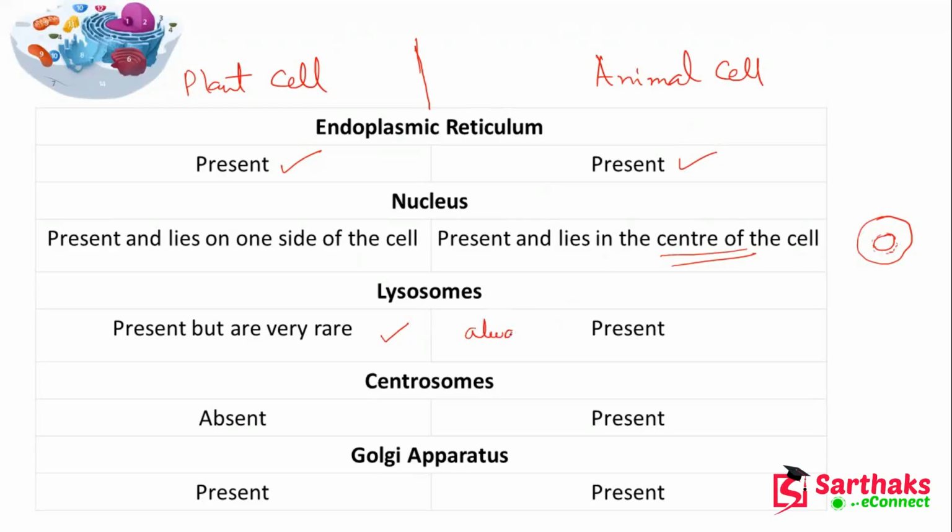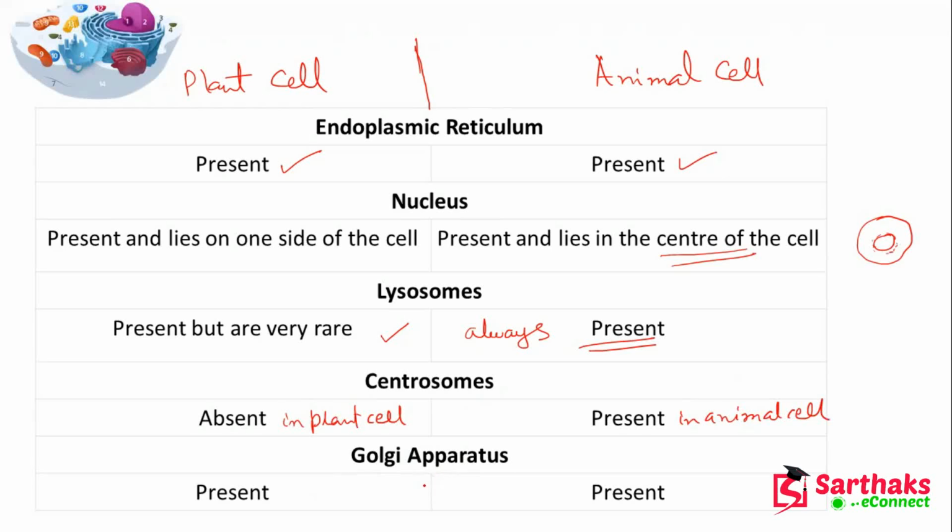Then lysosomes. Lysosomes are present but very rare in the plant cell, but in the animal cell, they are always present. And centrosome is absent in the plant cell, whereas it is present in the animal cell. And Golgi apparatus, we have seen in the diagram also.